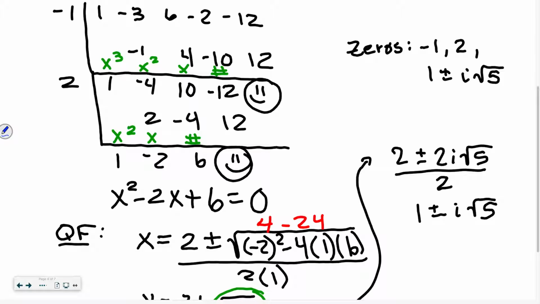And then you're allowed to reduce, like divide, if they all divide by the same factor. So all of them divided by 2. So this one's really 1, 1, 1. And that's where we got 1 plus or minus. If it was like 2 plus or minus 3i square root 5 over 2, I couldn't just do the 2's. I'd have to do the 3. So then I would just leave it alone.